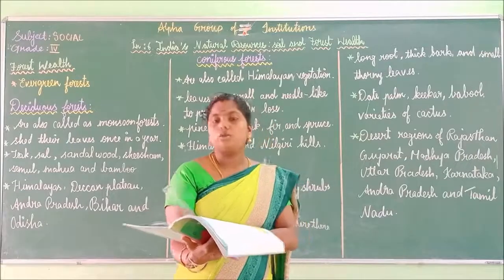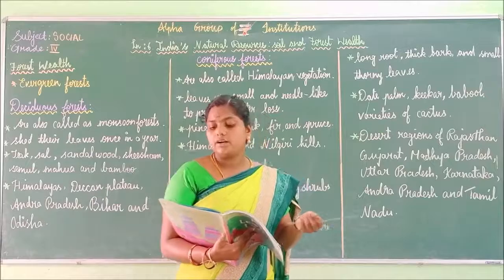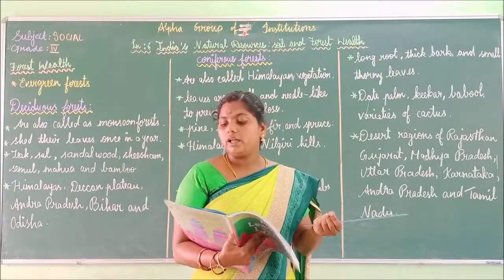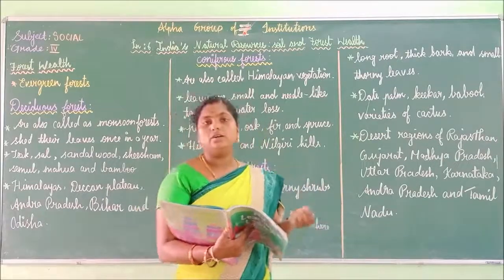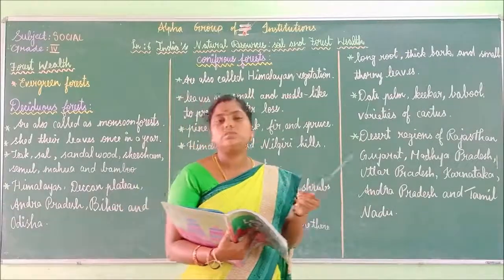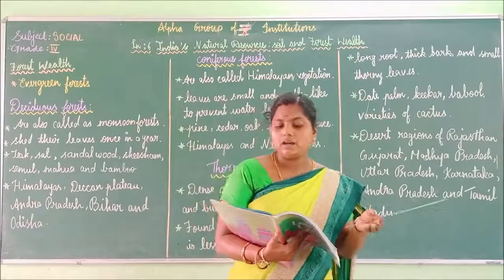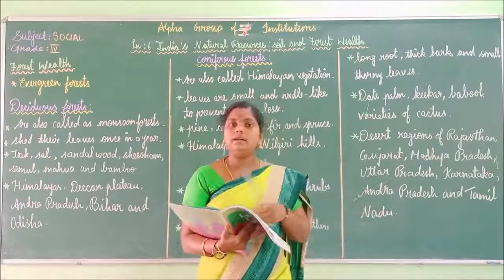They are also called tropical rainforest. Examples are rosewood, mahogany, ebony and rubber. These kinds of forests are found in the Western Ghats, hills of North-East India, Andaman and Nicobar Islands.